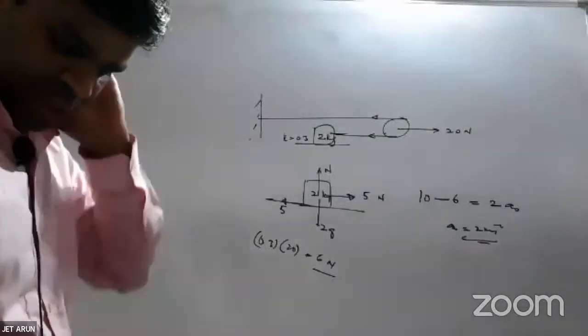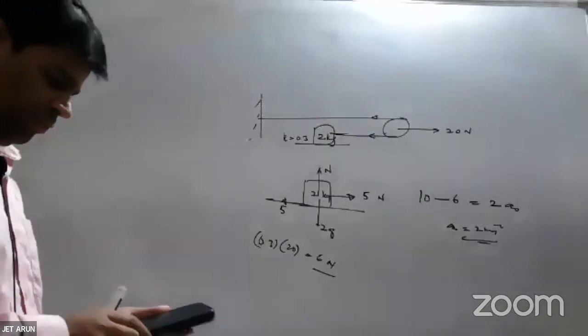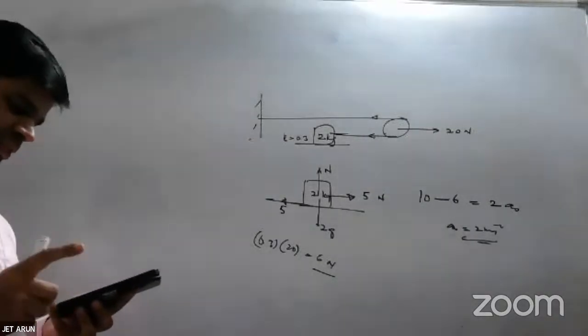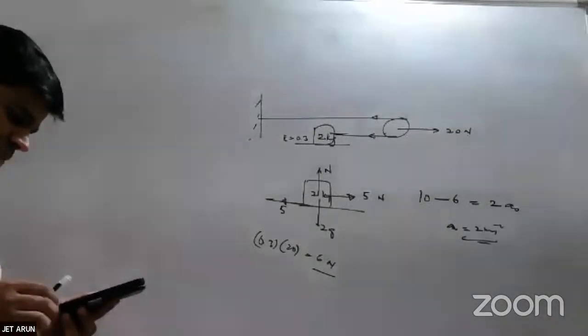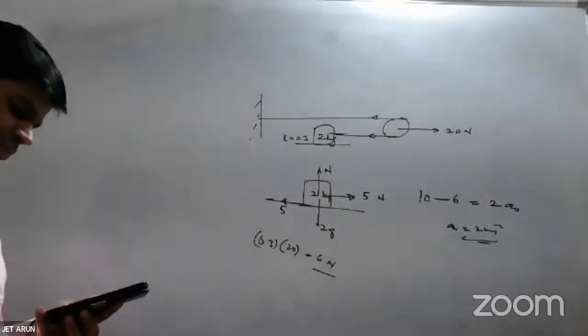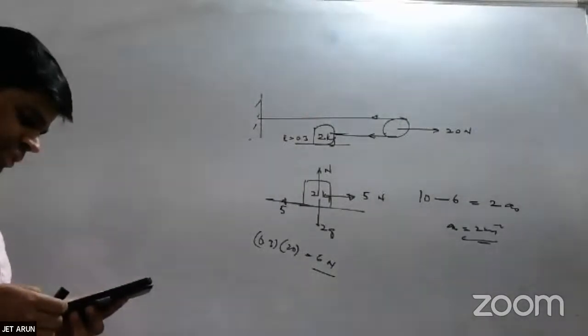Okay, let's look at the next one. A uniform chain is just at rest over a rough horizontal table with its 1 by eta part of the length hanging vertically. Find the coefficient of static friction between the chain and the table.